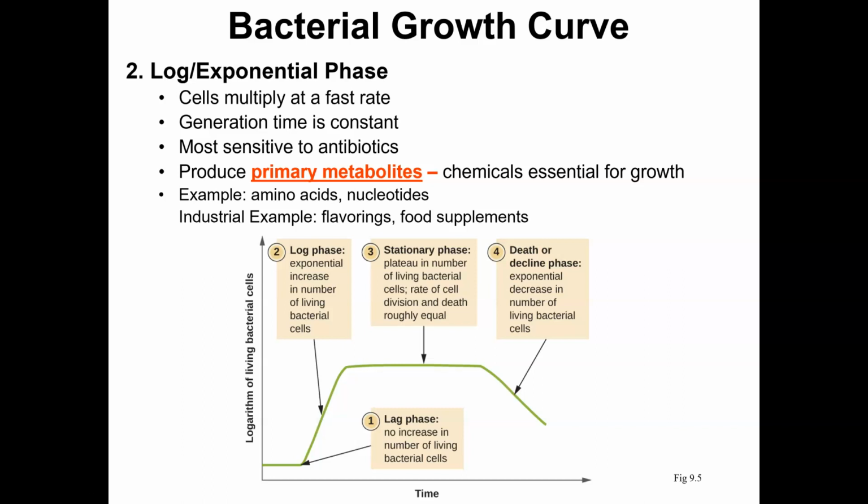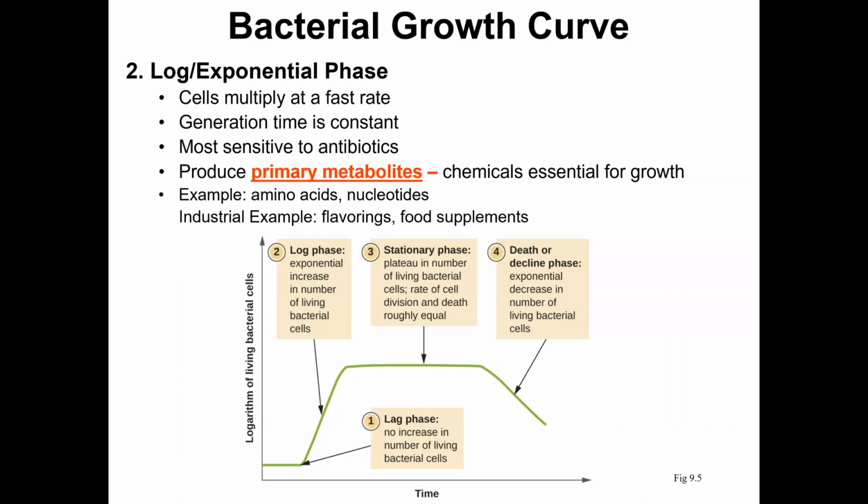So we're going to talk about primary and secondary metabolites. Primary metabolites are necessary, key term there, necessary for growth. So cells need amino acids.